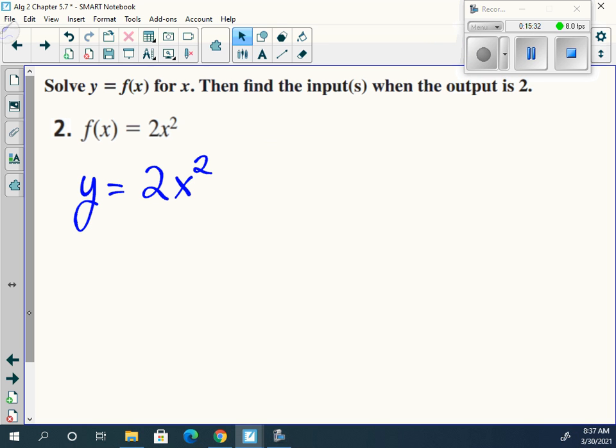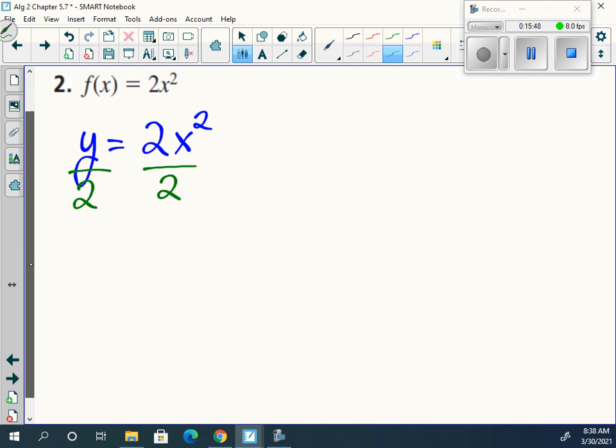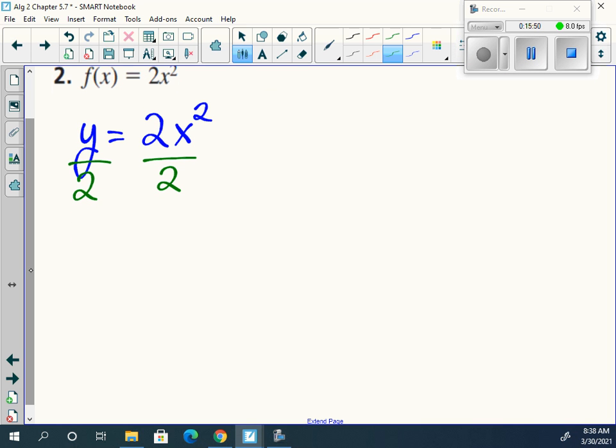So what do we need to do first to get x by itself? Yes. We should divide both sides by 2 first. Which would tell us that x squared is equal to y divided by 2.